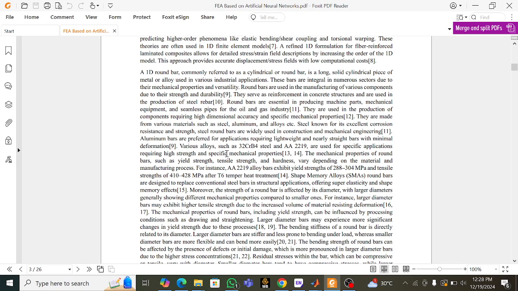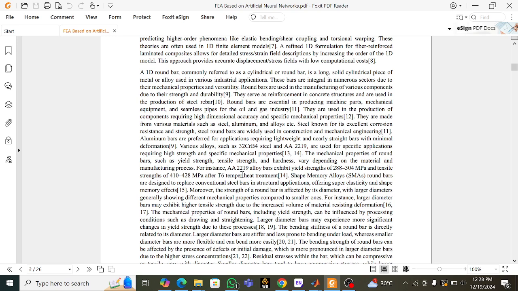Various alloys can also be used in the bar, such as 32CrB4 steel and AA2219, which are used for specific applications requiring high strength and specific mechanical properties. The mechanical properties of round bars, such as yield strength, tensile strength, and hardness, vary depending on the material and manufacturing process.